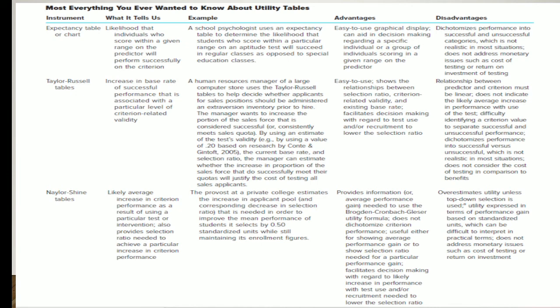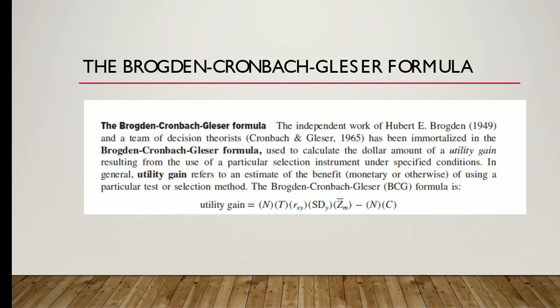Next slide would be the Brogden-Cronbach-Gleser formula. It has been immortalized in the Brogden-Cronbach-Gleser formula used to calculate the dollar amount of a utility gain resulting from the use of a particular selection instrument under specified conditions.